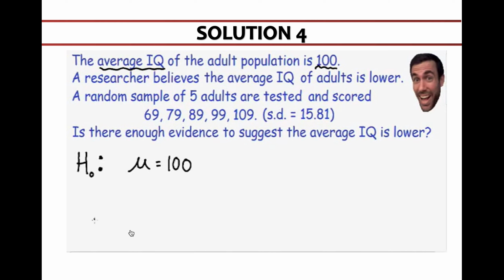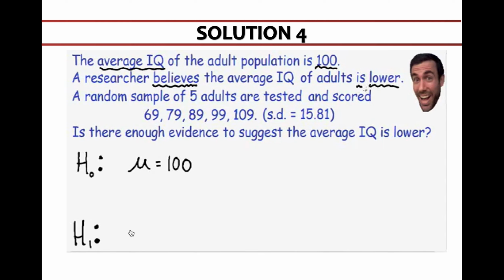Now let's state our alternative hypothesis. It is written with h sub 1 or h sub a, it doesn't matter. And the alternative hypothesis is always what is being claimed. In this example, a researcher believes, he is claiming that the average IQ of adults is lower. And these two words are really important: is lower.